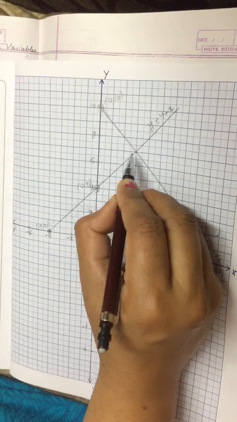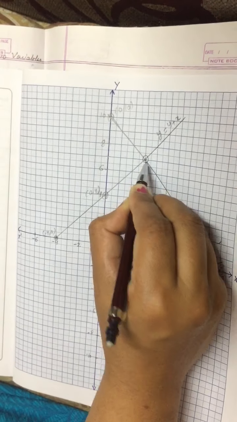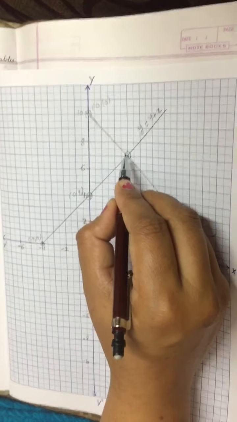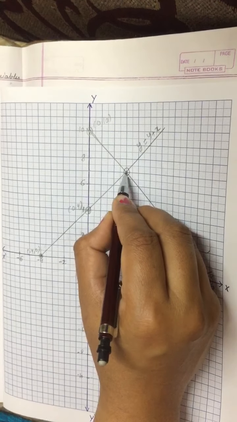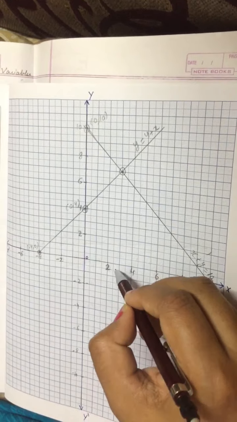These two lines meet at a point. This is the point of intersection, and if two lines intersect each other, that will be the solution of the question. Solution means you can check from the graph.